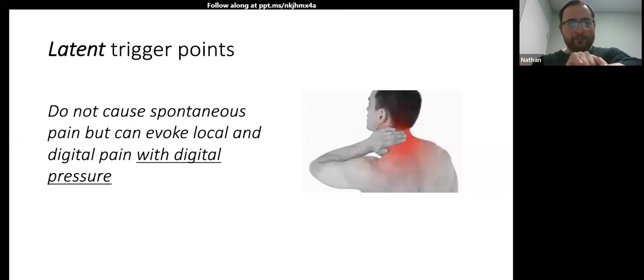It might feel like a nerve, but it's actually more of a muscle. I feel that little trigger point right there, and it refers pain to that spot, and the pain is localized. That's considered a latent trigger point, meaning it's not going anywhere else. It's not working spontaneously to cause pain.